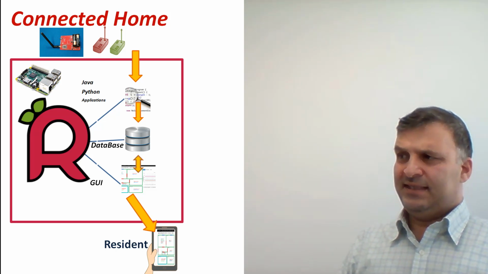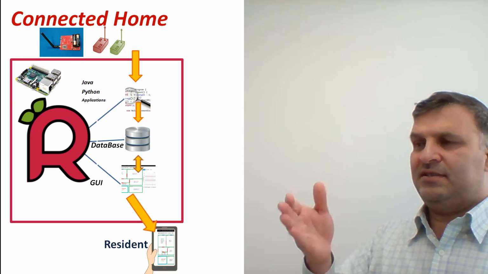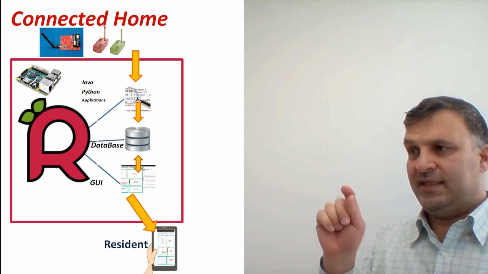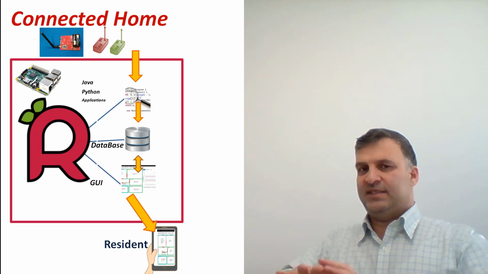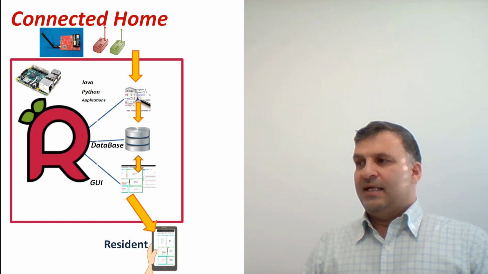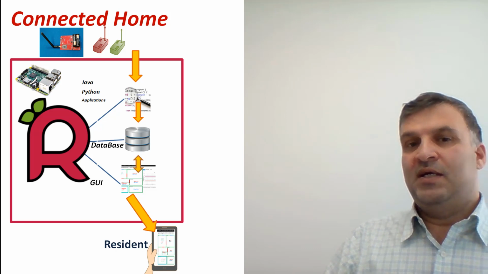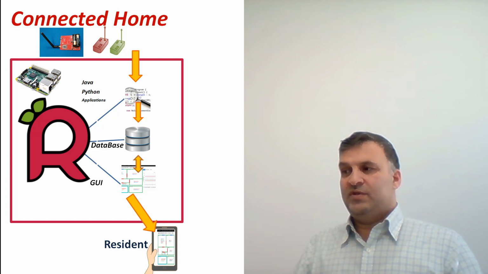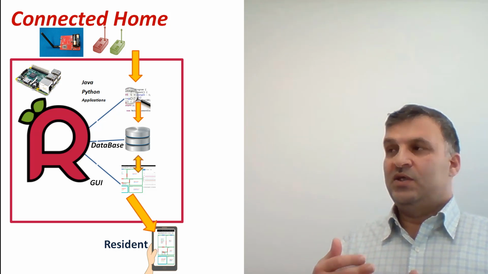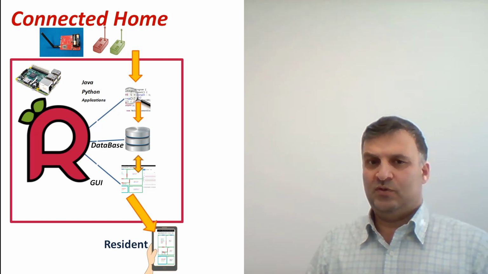These data are treated, then registered in a database. We should pay attention because database here means database management system, so it is a complete system. After that, the resident or a researcher or another user may connect to get this data.